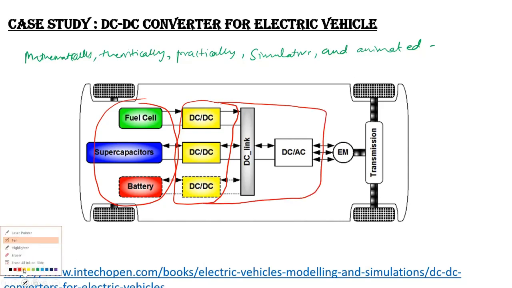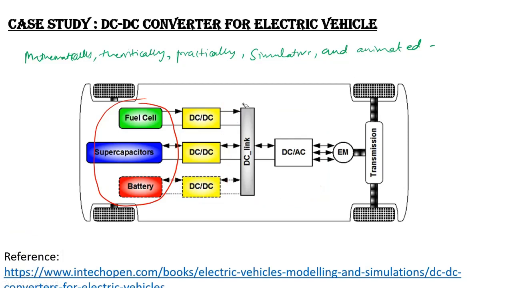Rather than taking it in this way, I would say that this has to be... let me take an eraser first. So this is something related to the switches conversion.